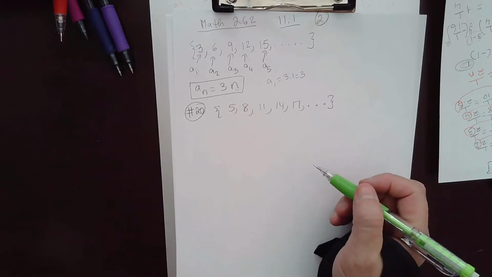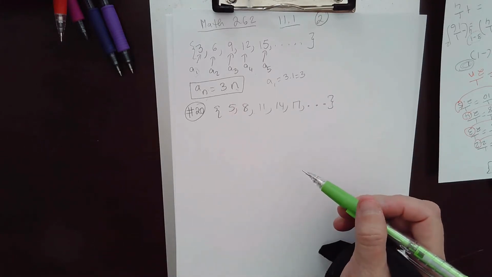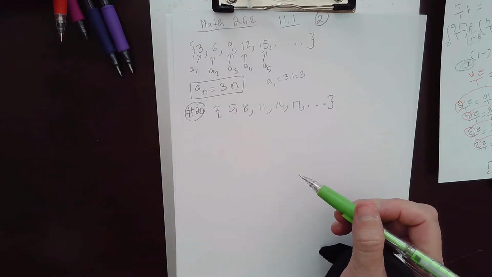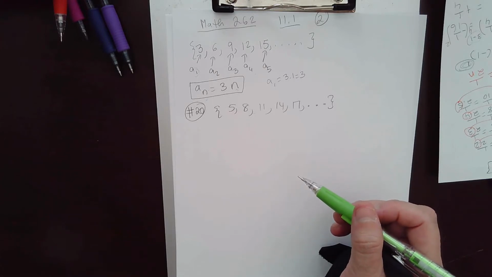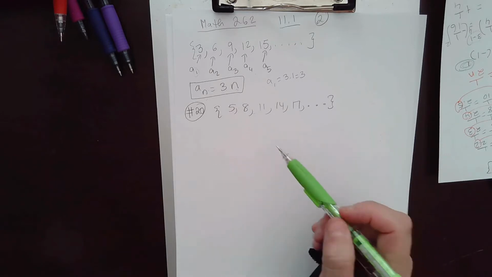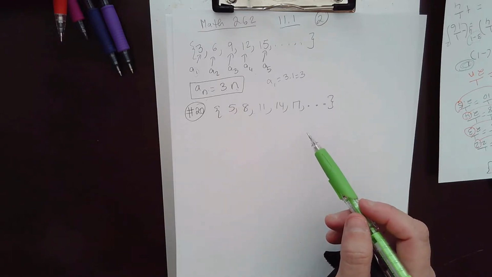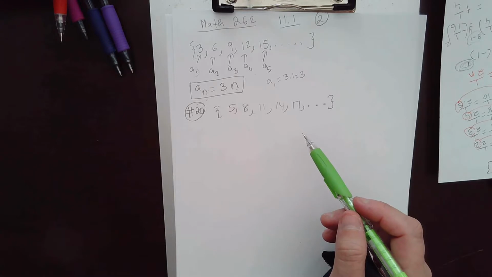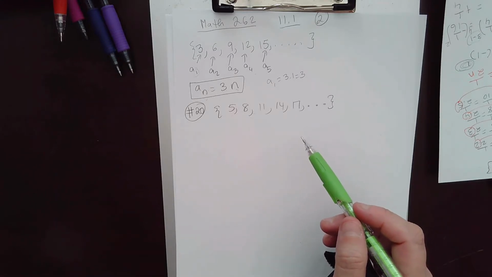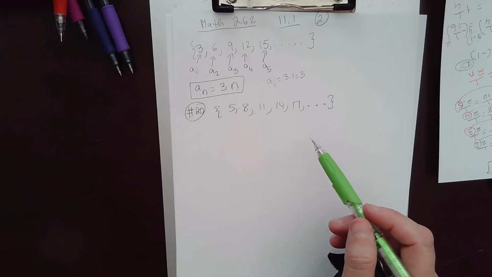This might be a little bit hard for you in here. Once I go over something with you, I think you'll be able to find an easy way to find the sequence. But I'll go ahead and leave this for you.